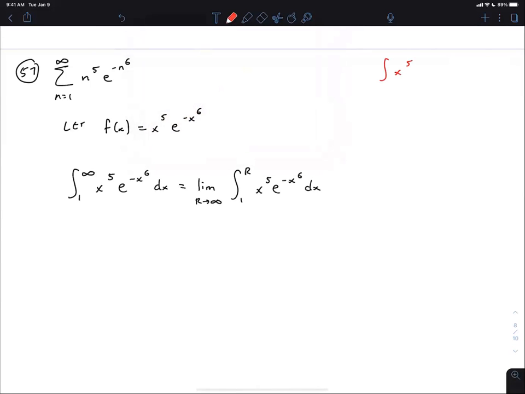This is a quick u substitution where u is negative x to the 6th, du is negative 6x to the 5 dx.